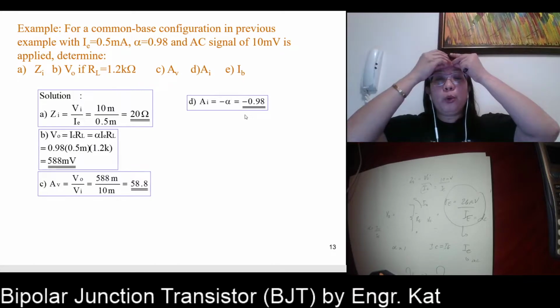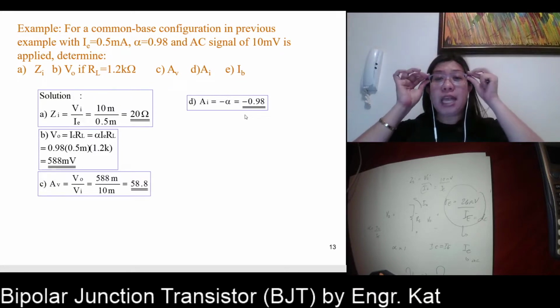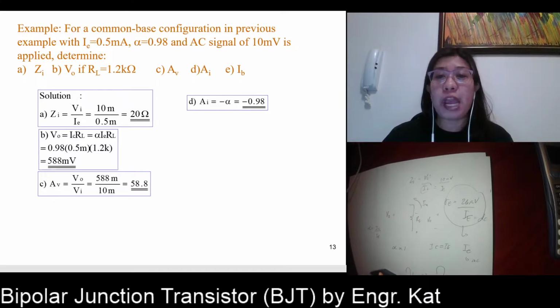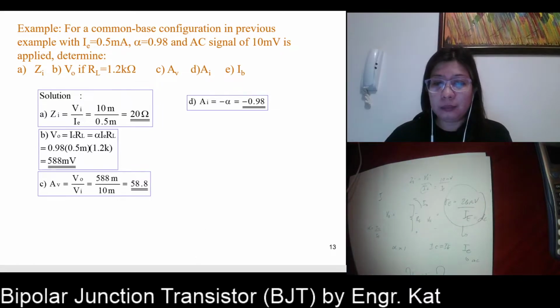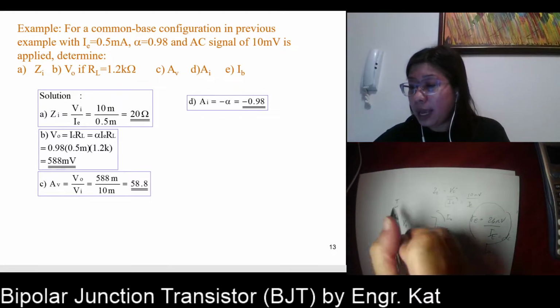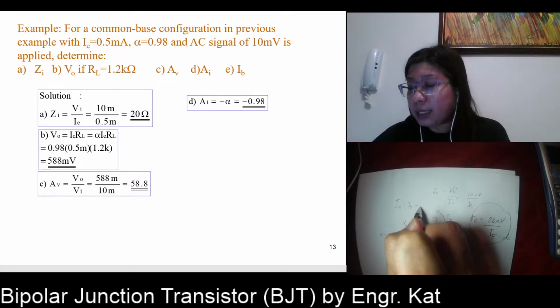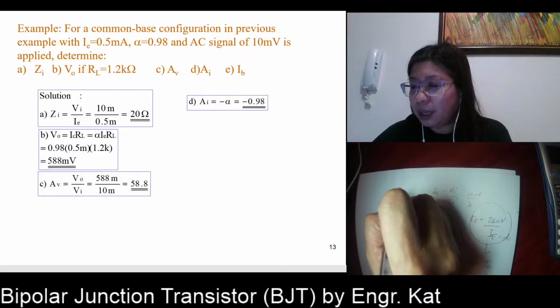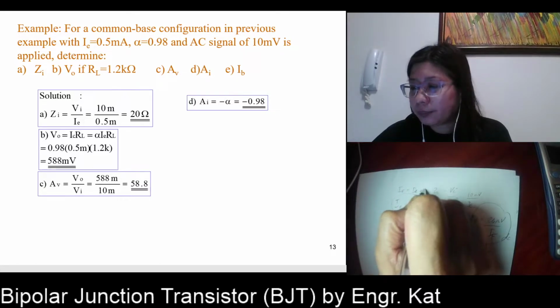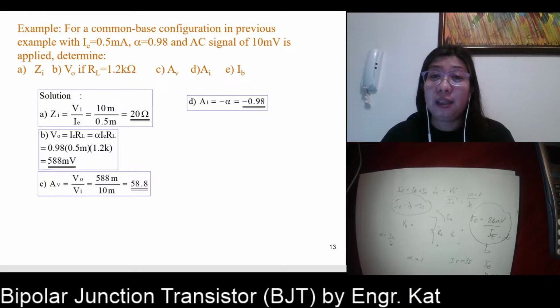Lastly, we are asked to solve for IB. How do we solve for IB? The formula is IE equals IB plus IC. This still applies with AC analysis. The only difference is that in DC we use capital letters, but your emitter current is still the sum of your base current and your collector current.